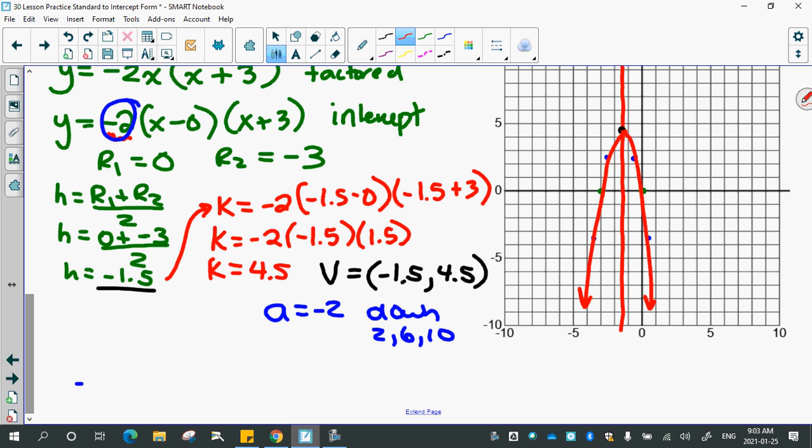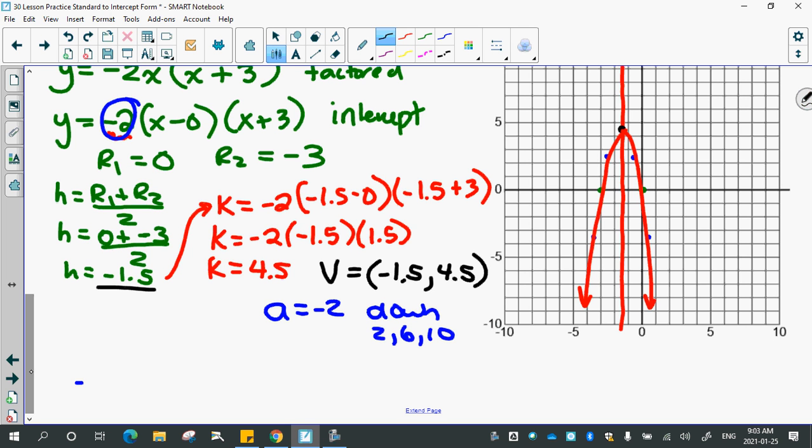Okay, and then you have to write it in vertex form. So vertex form has this general format. This is vertex. We're a bit rusty. So the A value is -2.